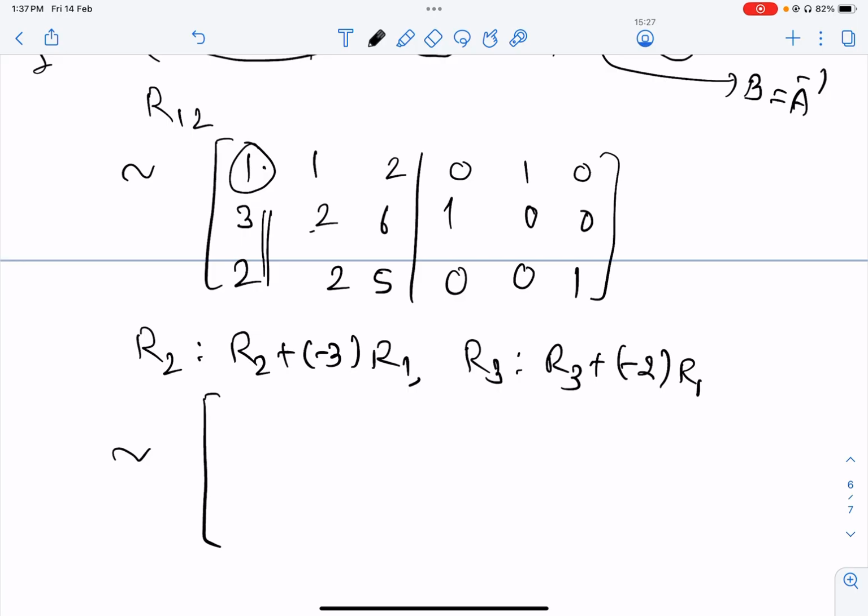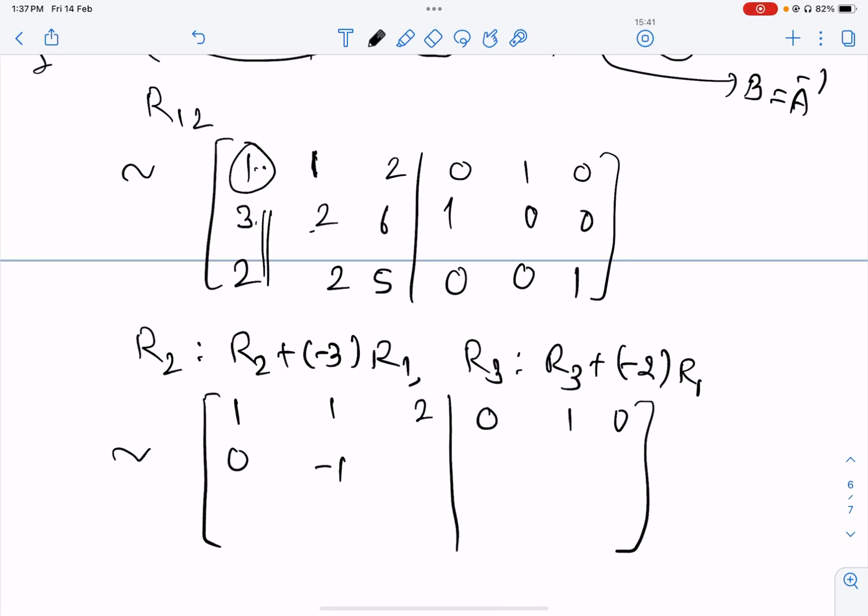So what do we have? First row is the same, 1, 1, 2, 0, 1, 0. Now minus 3 plus 3, so that is 0. Now here minus 3 plus 2, so it is minus 1. Here minus 6 plus 6, so that is 0.